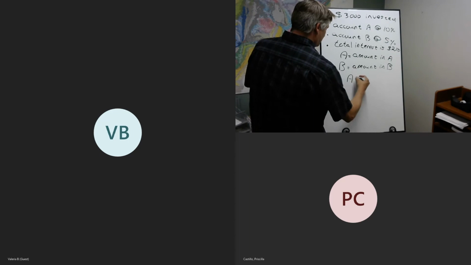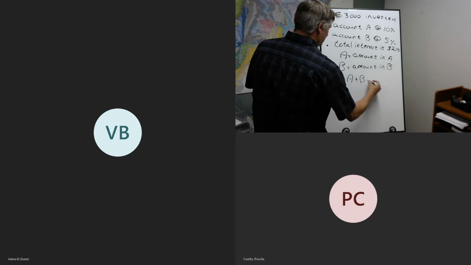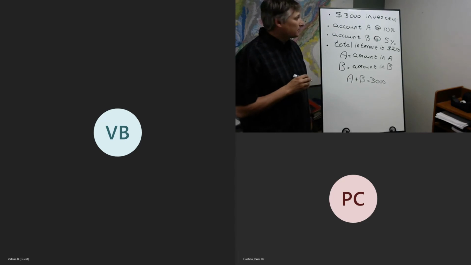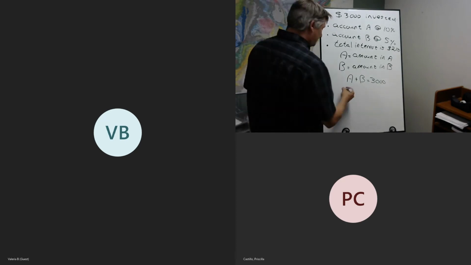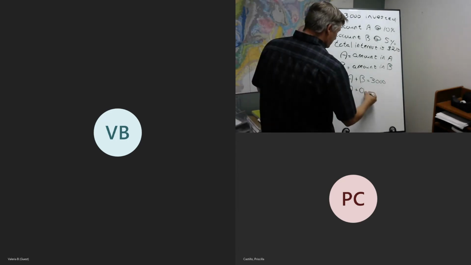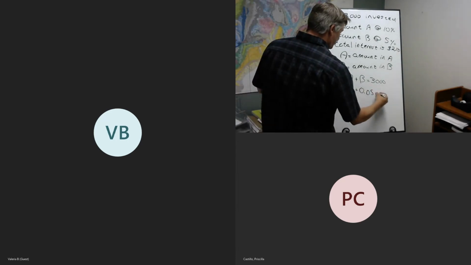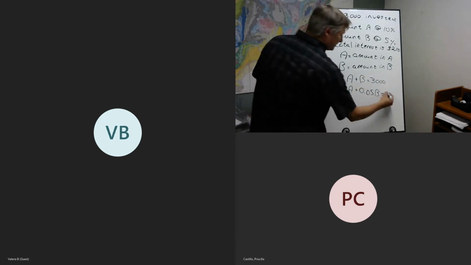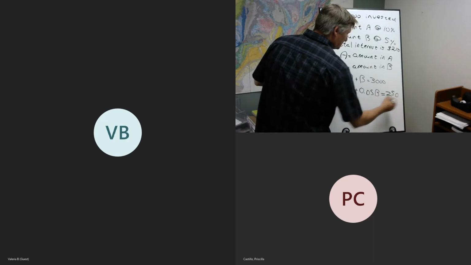So that means A plus B equals $3,000. And now the interest that's earned from A is 10%, so 0.10 times A, plus the interest earned at B, 0.05 times B. Well, that total interest is $250.